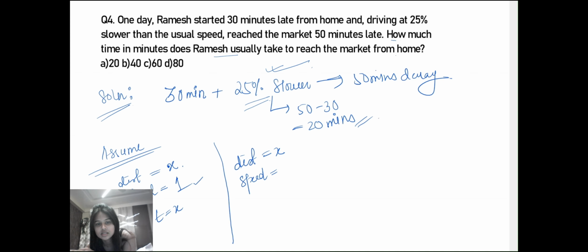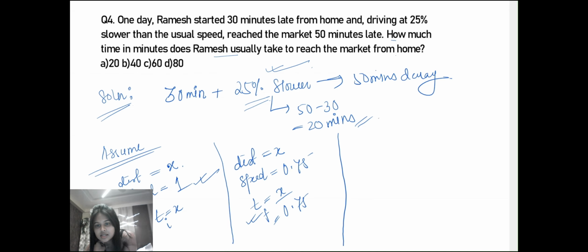25% less is, if we have considered this 1, therefore 25% less than 1 is 0.75, right? Then time is x by 0.75. So this is initial time, this is final time, like for the case given here.